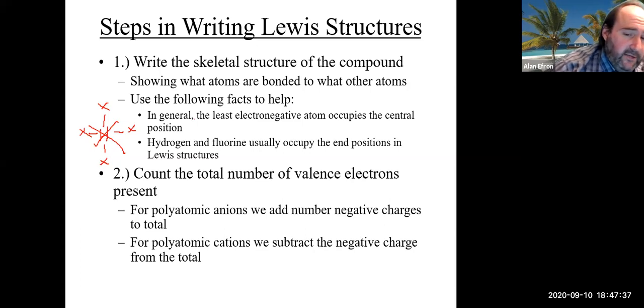Because hydrogen can only have 2 electrons, it always is on the outside, looking something like that, again with no dots on it or anything like that. Otherwise, if you put hydrogen anywhere on the inside, it's going to end up with too many electrons and obviously too many bonds.